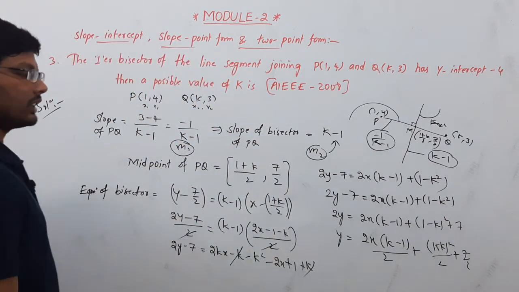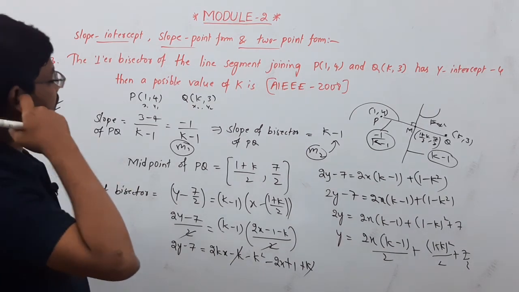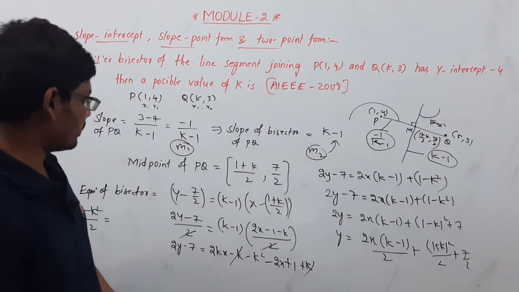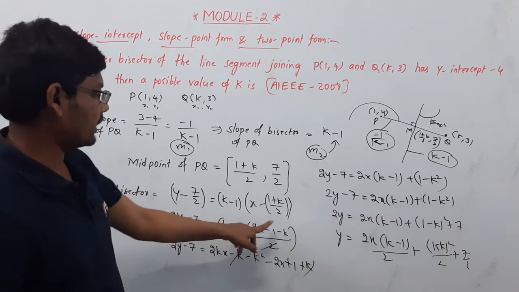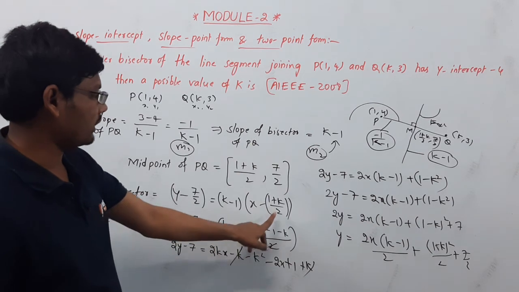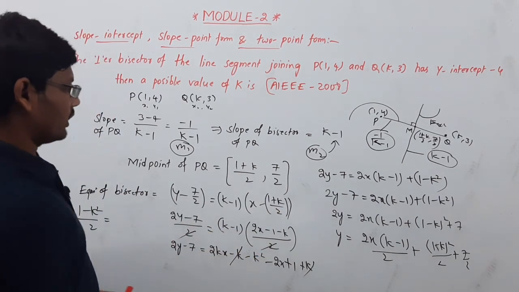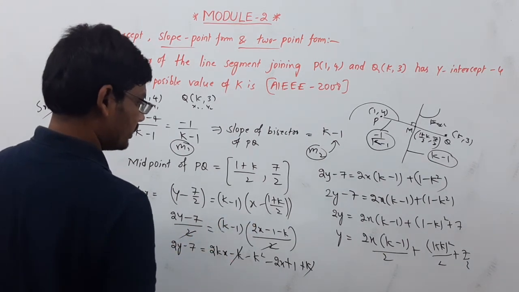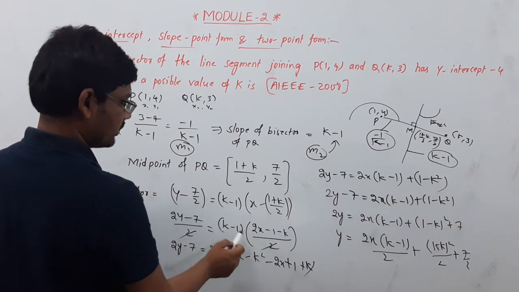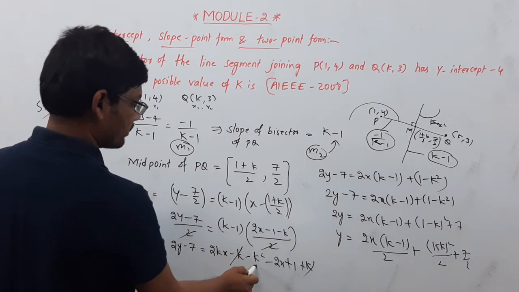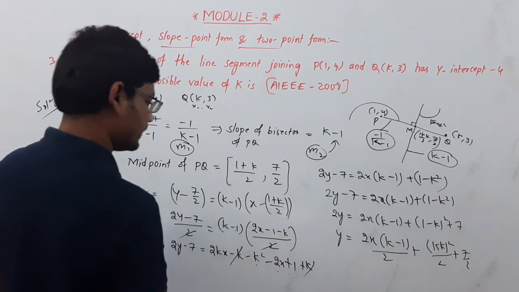So here we compare this with 1 minus k square by 2 equal to minus 4. Let's cross check: 2y minus 7, and if you take 2x as common, let's multiply the term by k minus 1. 2kx minus k square minus 2x plus 1 plus k, okay, everything is fine.